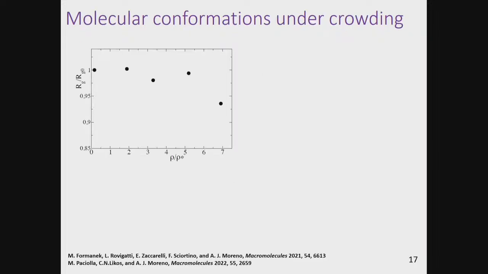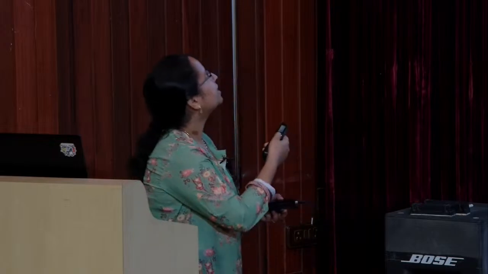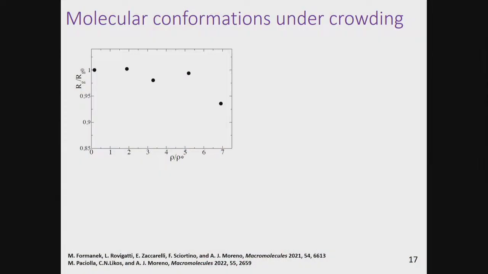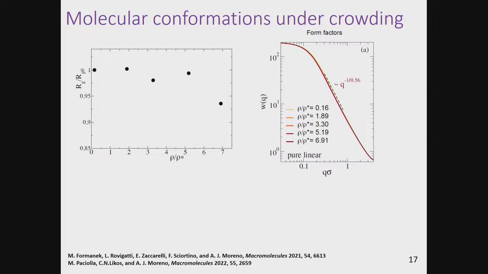So I just discussed the scenario at infinite dilution. You may ask the question, what happens when you go to higher concentrations? You can see the Rg is not changing that much. The size of the chains is not perturbed, and you can also find the conformations to be basically unperturbed. This is not true for irreversibly cross-linked chains or simply linear polymers.